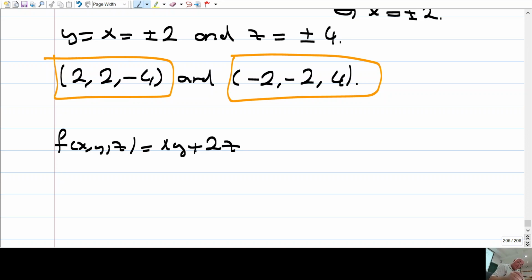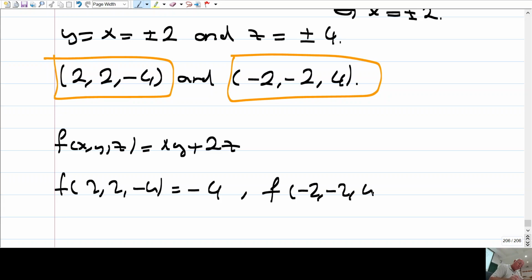So f of 2, 2, minus 4. Nedir bu? 4 eksi 8 eksi 4. F of minus 2, minus 2, 4. Bu da nedir? 4 artı 8 daha 12. Okay.